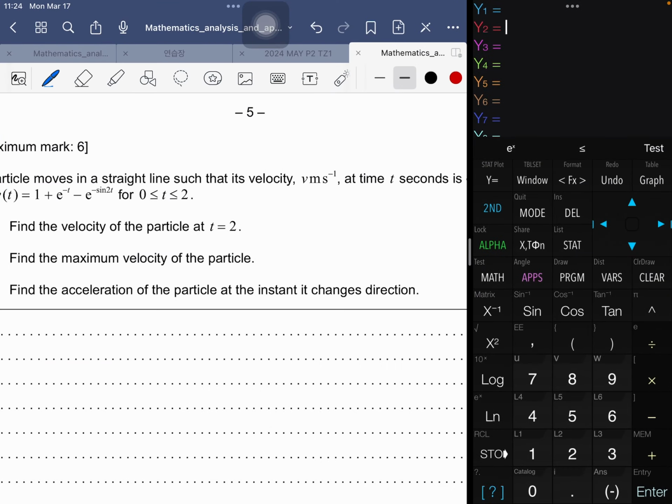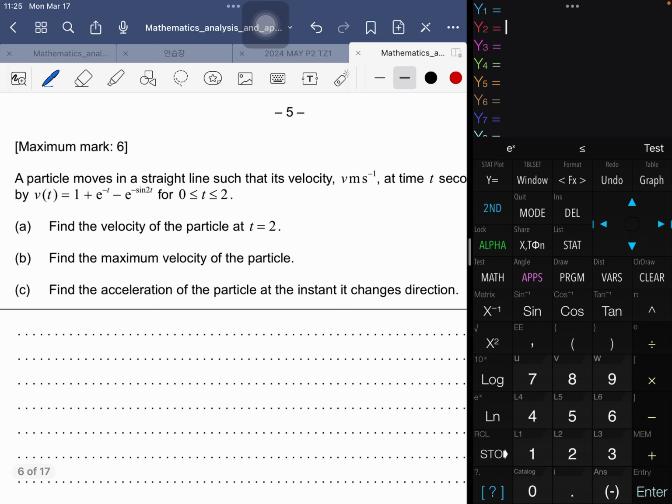Let's see, in y2, the function v(t) equals 1 plus e to the negative x, minus e to the negative sine of 2x.